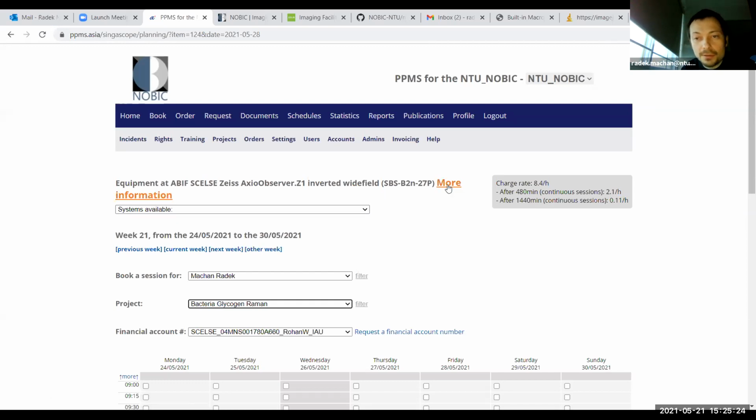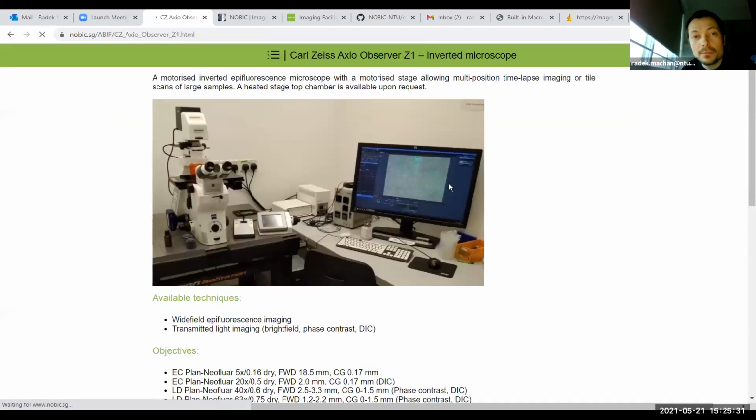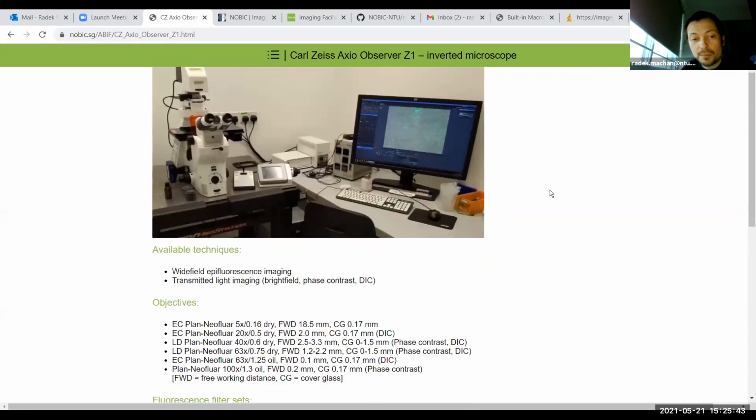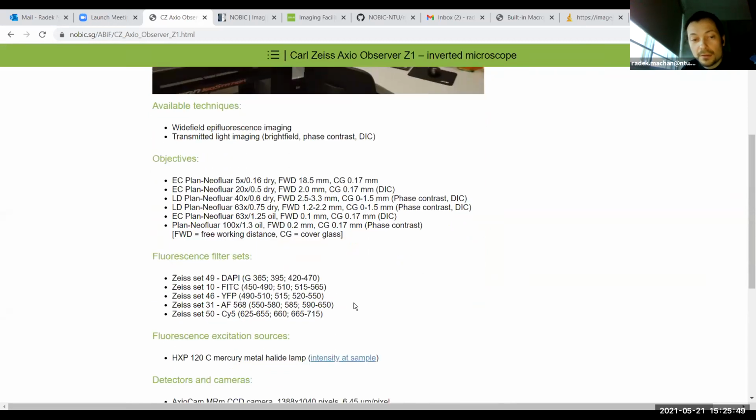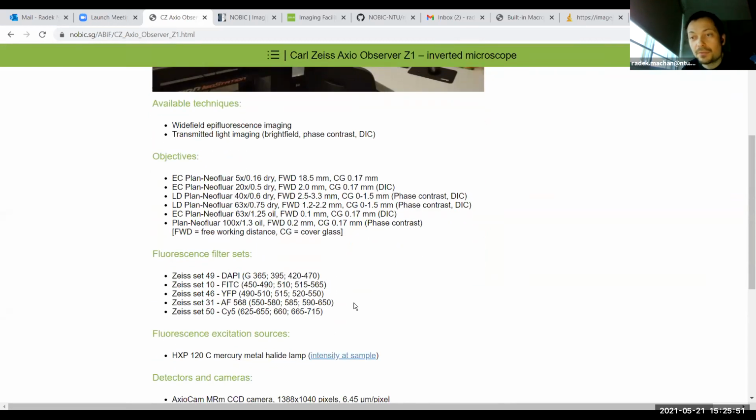And here you have more information. If I click this, it will bring me to a page about that particular microscope, which contains some basic description and details of objectives, fluorescence filter set. We will talk about these things later.